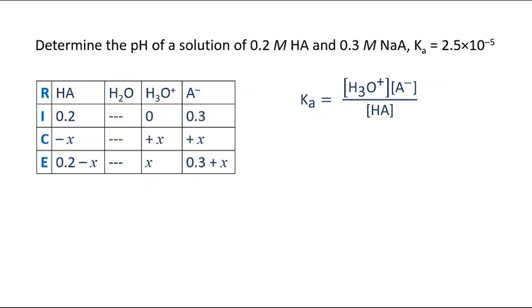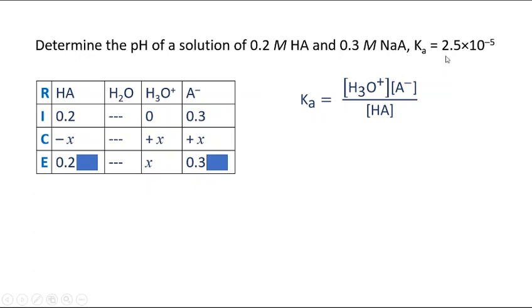Well, relatively small. And so in that case, we can assume that the change in equilibrium of our HA and the change at equilibrium of our A minus is going to be very negligible when it's related back to this initial concentration of 0.2 and 0.3. So therefore, let's just get rid of them altogether. And so now our life becomes a whole lot less complicated.